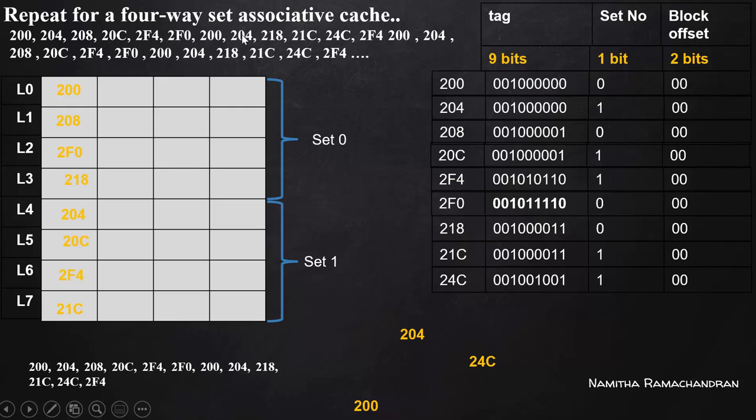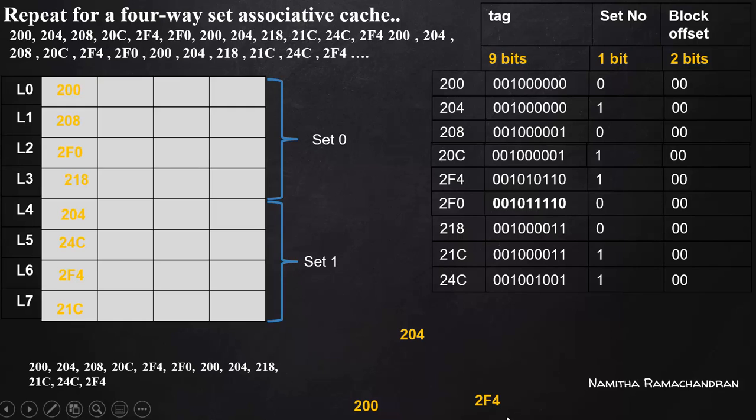Next, 240 is used. Next, used set 1 addresses are 2F4 and 20C. So among these, this 20C is the least recently used address of set 1. So we can move this particular word from line 5 back into memory, make room here, and place this newly requested word into line L5, based on the LRU replacement algorithm. So this is again a cache miss.